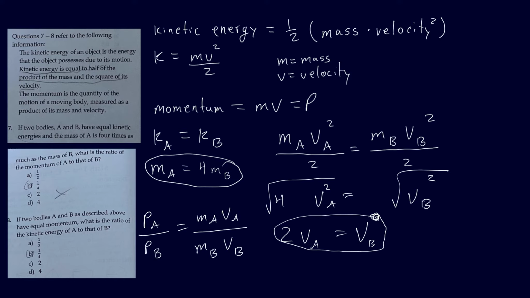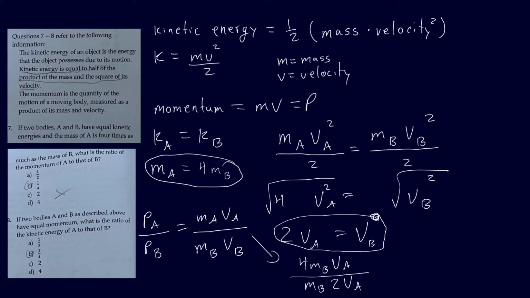So I'm going to rewrite that fraction with these replacements. So mass of object A, I'm going to write that as 4 times the mass of object B times the velocity of object A over the mass of object B times the equivalent of the velocity of object B, which is 2 times the velocity of object A. And then I'm going to simplify as much as possible.